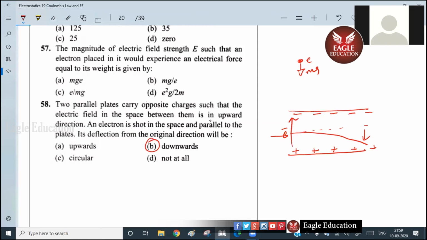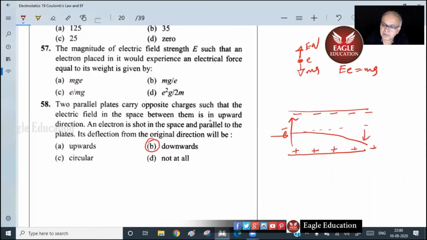F equals mg. Look at the question: the electron placed in that E would experience an electric force equal to its weight. Yes, sir. F equals mg. Then this is EQ. Electric force equals weight. So EQ equals mg. So E equals mg by e.